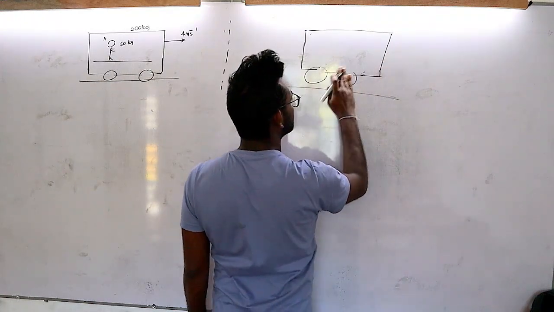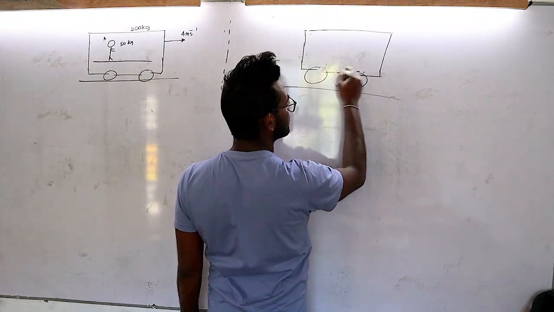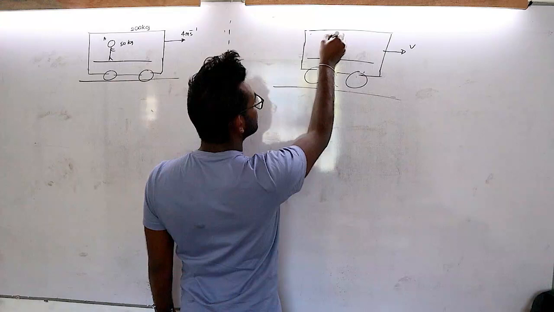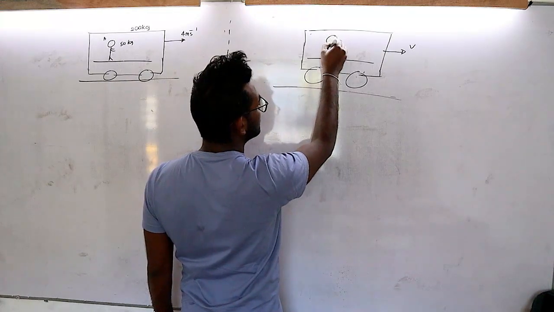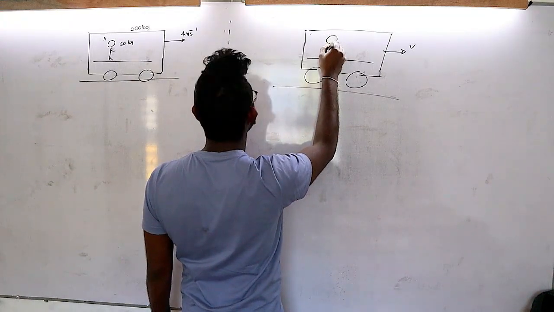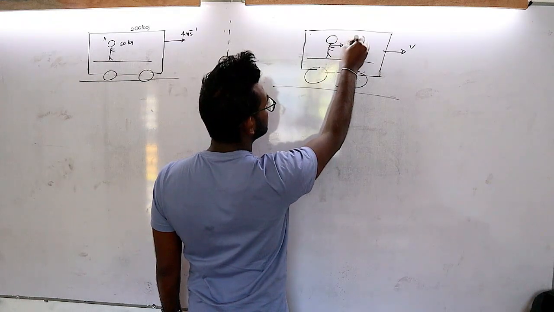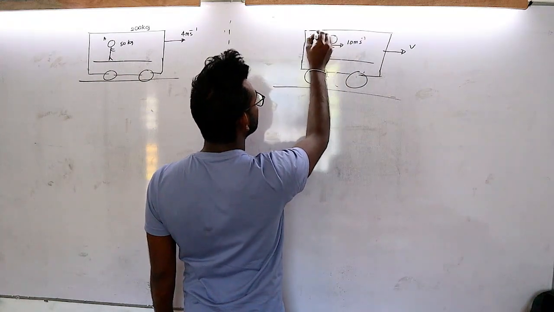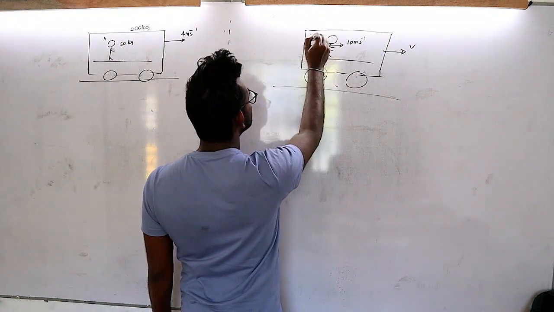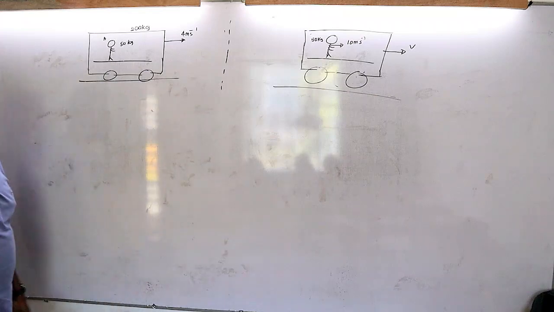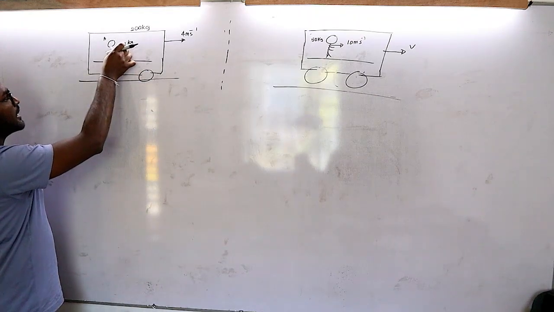I should find out the V when this guy over here starts to walk with 10 meters per second. Here the guy is not moving.